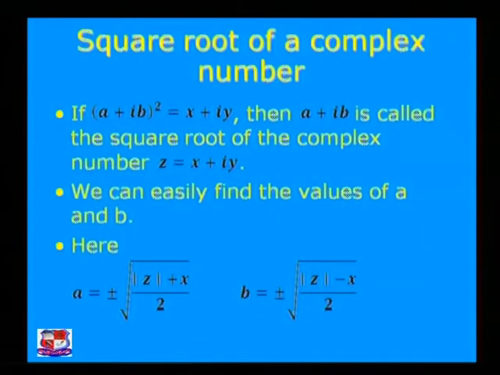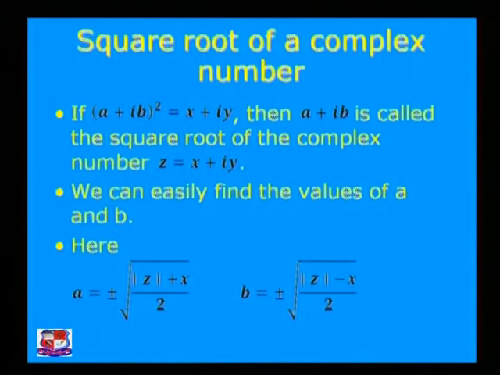And by simple calculation of this equation, (a plus ib) whole square is equal to x plus iy, by simplifying that particular equation, we can easily get the values of a and b, which I have written here: a is equal to plus or minus root of (modulus of z plus x) upon 2, and b is equal to plus or minus root of (modulus of z minus x) divided by 2.